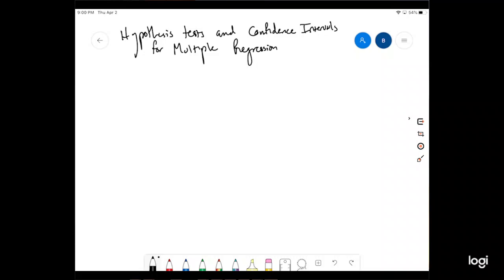So let's write down a couple of examples. What's the t-stat and confidence interval for one of the coefficients in a multiple regression?